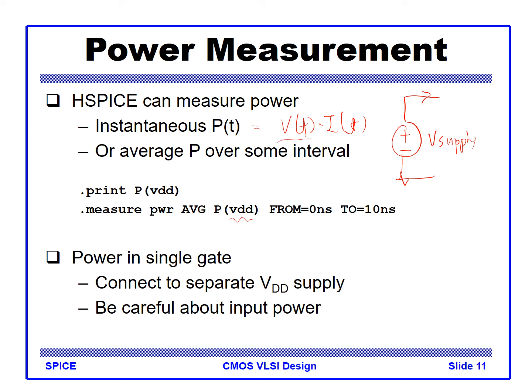The instantaneous power p(t) is defined by v(t) times i(t), time-varying voltage and current, out of the supply. The supply voltage is the same, but the current will be time varying. So the average power over some interval is what you want to find.